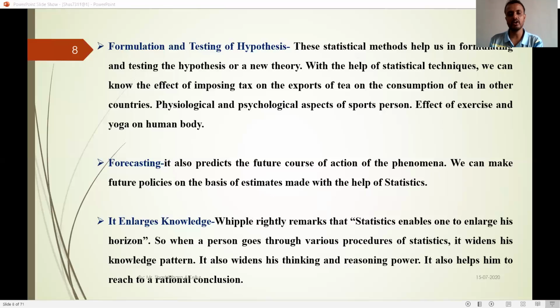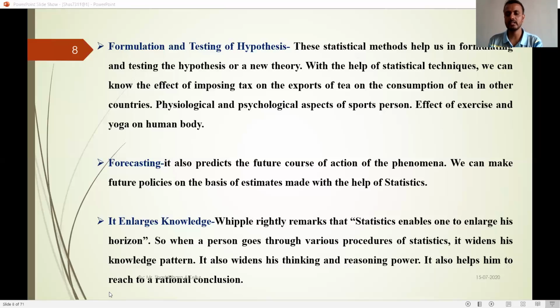is that it enlarges knowledge. People rightly remark that statistics enables one to enlarge his horizon. So, when a person goes through various procedures of statistics, it widens his knowledge pattern.